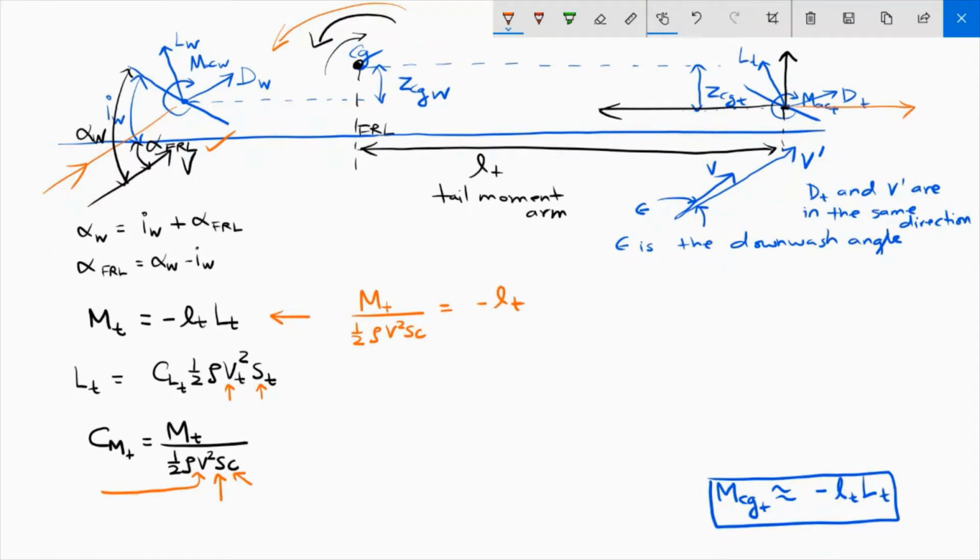Okay, so go back to this equation and divide MT by half rho V square SC, equals to minus LT. Now there is a lift on the tail, I'll come to that, but because I have divided the left hand side by half rho V square SC, I will also divide the right hand side by half rho V square SC.